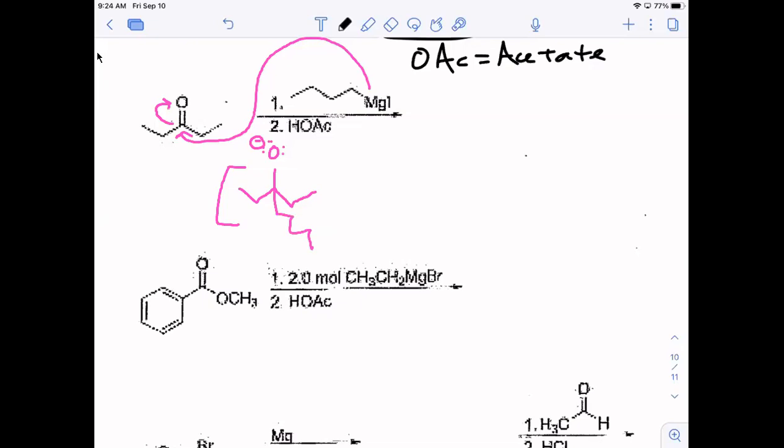I think I did that wrong. I'm confused. I think you just added one carbon too many. There's 4 carbons in that chain. Okay, good.